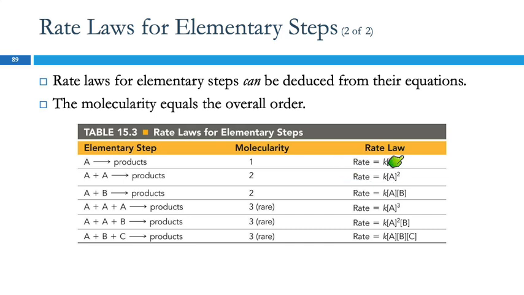We like this because it's easy, and it kind of goes along with what we've learned about things before, right? We're always using the coefficients in the balanced chemical equation to do stuff. And so with rate laws, we naturally want to use those coefficients. You can do it for an elementary step, only for an elementary step.